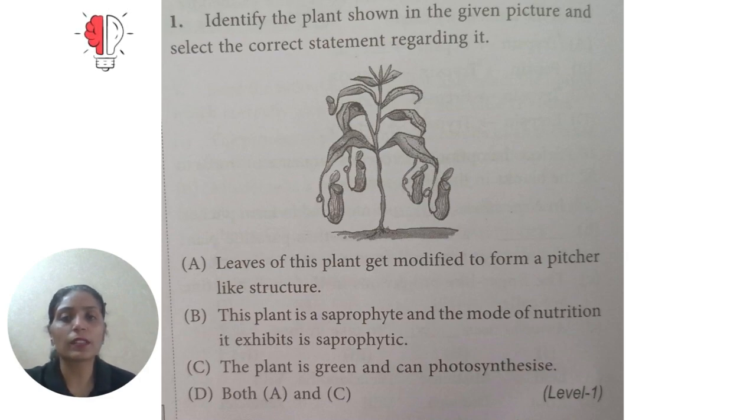No. Which plant is insectivorous or carnivorous? It's not saprophytic. C option is plant is green and can photosynthesize. Yes. This plant can fulfill the need of glucose by doing photosynthesis and other vitamins and minerals it takes by trapping the insect. So this plant is both autotrophic as well as heterotrophic. Hence option D is the correct option.